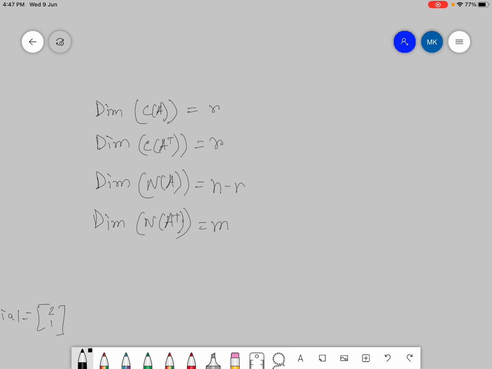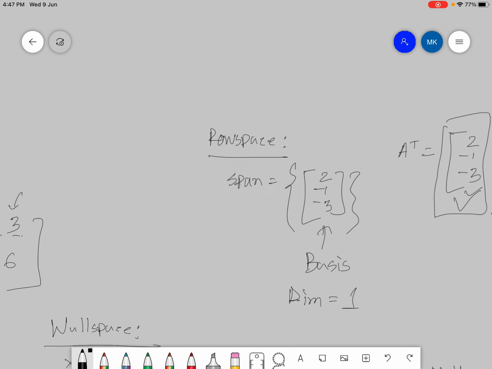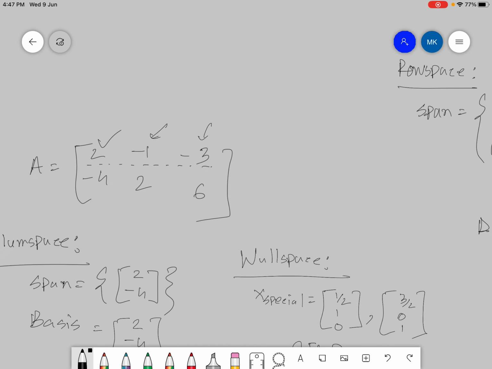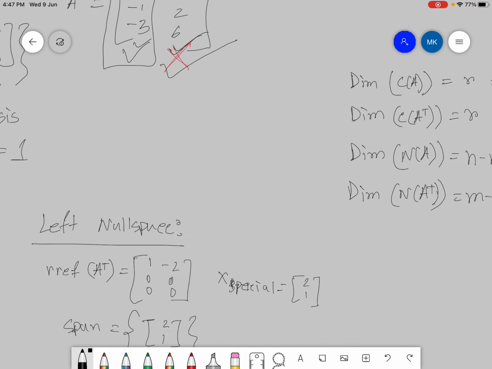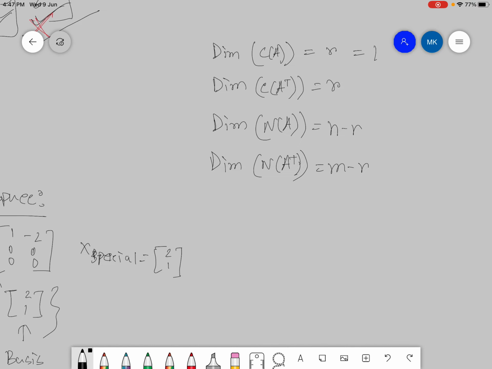Is it true? So let's verify it here. What is the rank of the matrix? The rank of this matrix is 1, because there is only one pivot column here. So this is 1, this should be 1, and this should be 1.